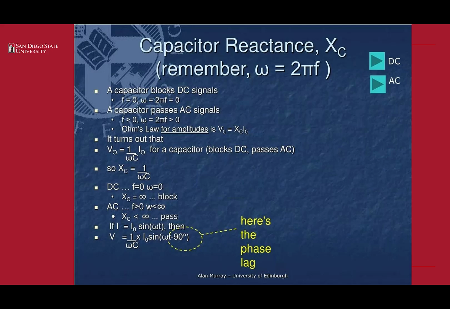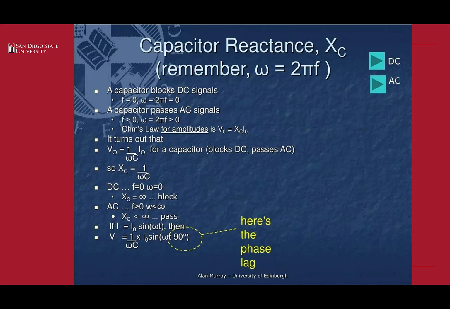And if f equals 0 in a DC signal, then omega would also be 0, because omega is defined as 2 pi f, and whenever f is 0, omega will also be 0 because it has f as a factor.